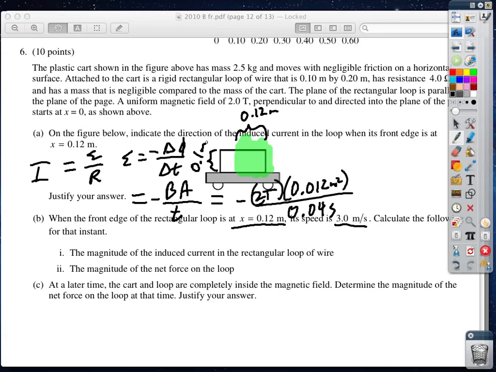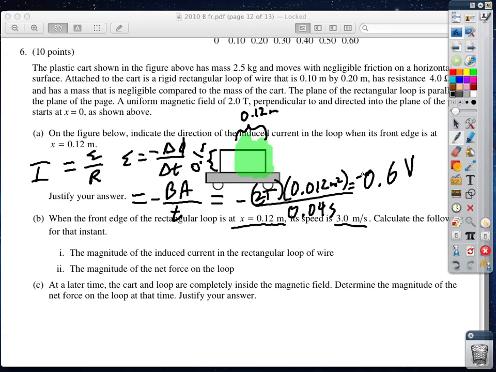Ask any questions that you need to ask. Okay, so this becomes 0.024, so that's 2.4 divided by 4, so it's like 0.08 or something. Oh, how terrible. Hold it. Oh, yeah, that's 24. So 0.06? 0.6. Okay, so that's 0.6 volts, or negative 0.6 volts.